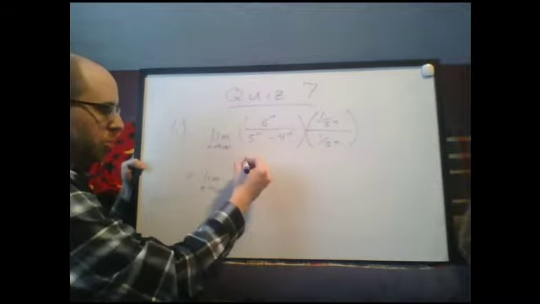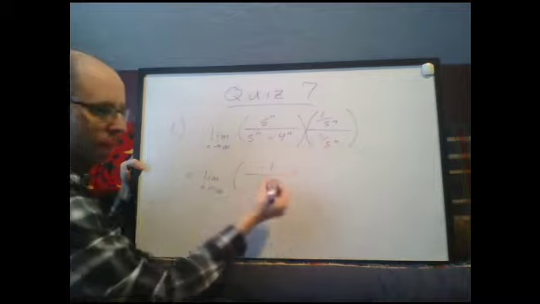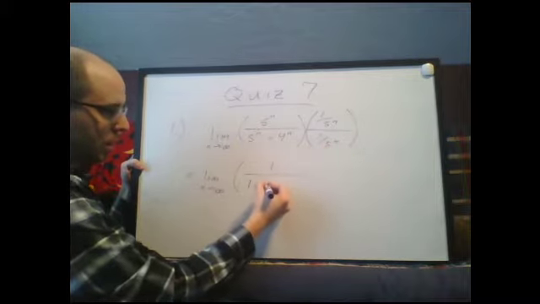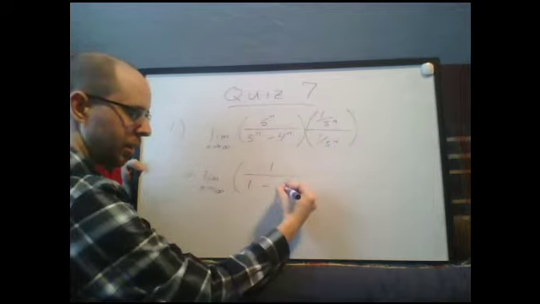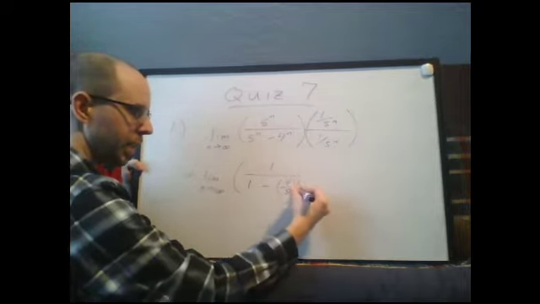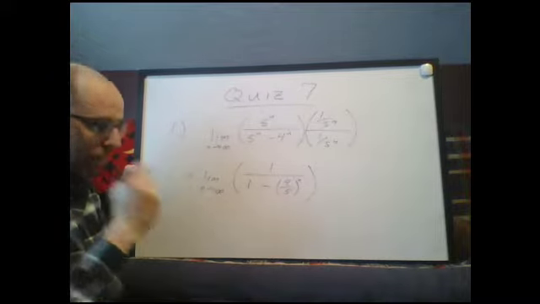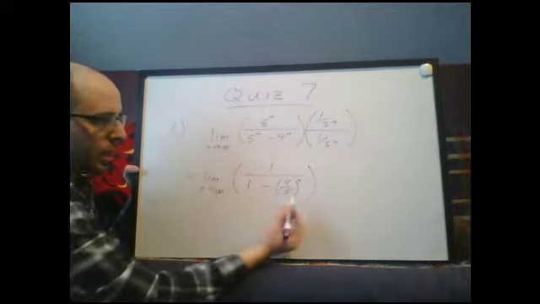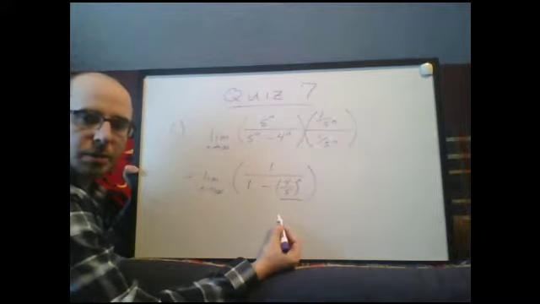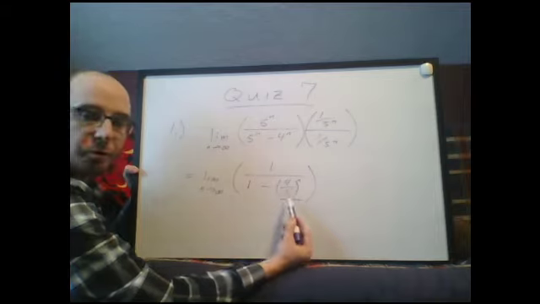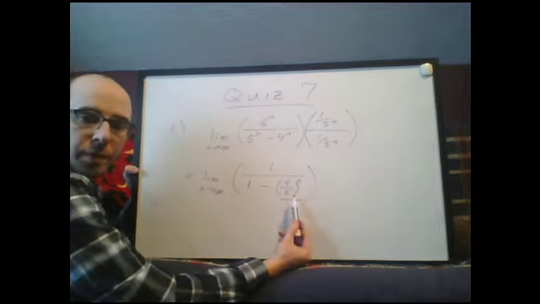On the top, we'll just get 1. On the bottom, we'll get 5 to the n divided by 5 to the n is 1, minus 4 to the n divided by 5 to the n. That's 4 over 5 to the n. And then you look at that, and as n approaches infinity, the only place that n appears now is as an exponent on this fraction. 4/5 is less than 1, so the bigger the exponent gets, the smaller that fraction gets.